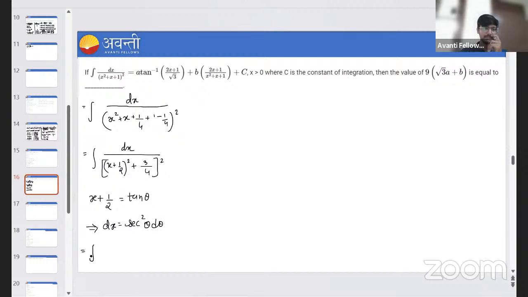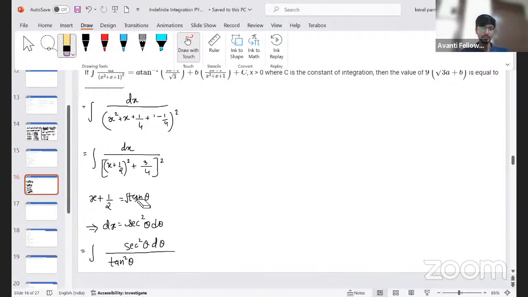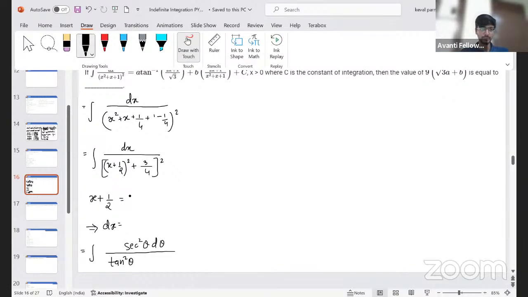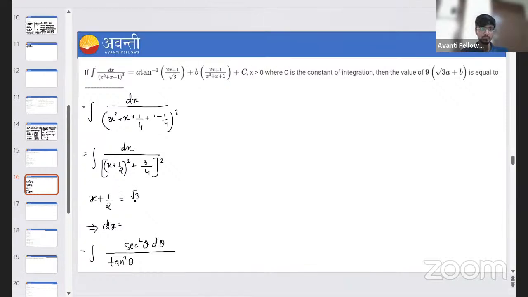So my integral will become sec square theta d theta upon tan square theta. Sorry, root 3 by 2 tan theta, because then we'll be able to take common, right? So x plus 1 by 2 equals root 3 by 2 tan theta.